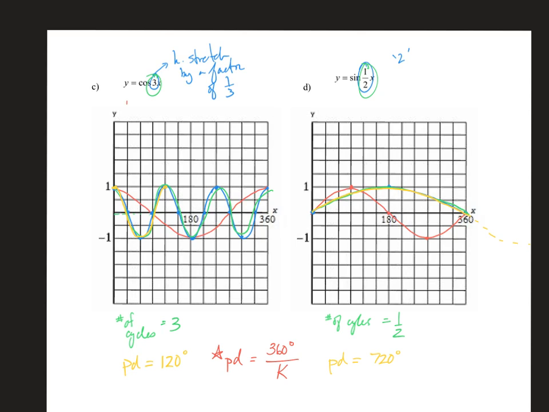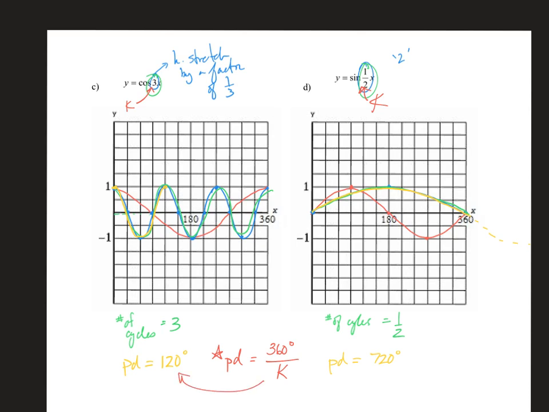And we're going to grow to know that we tend to refer to that value as your k value. So as a quick confirmation, if I have a 3 attached to my x, then 360 divided by 3 gives me 120.